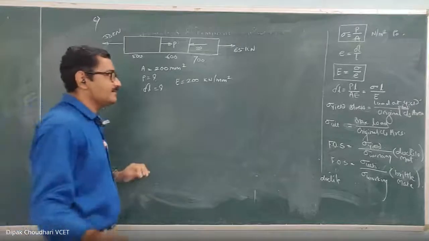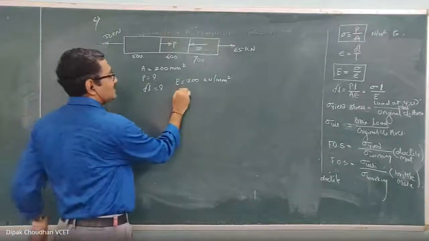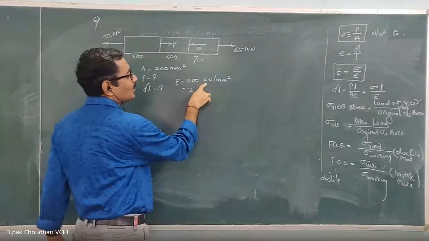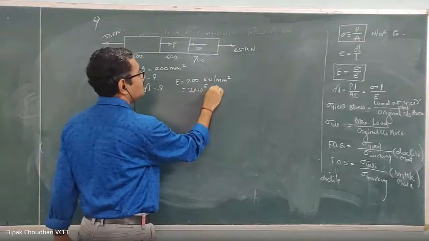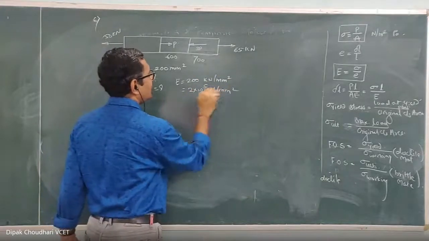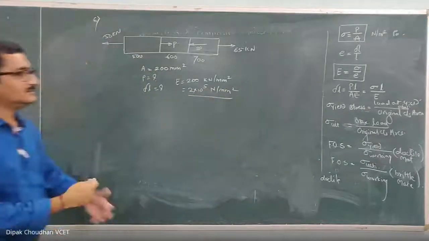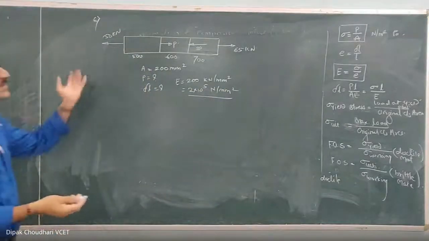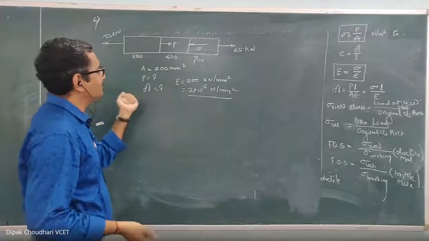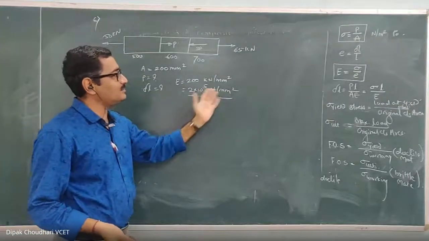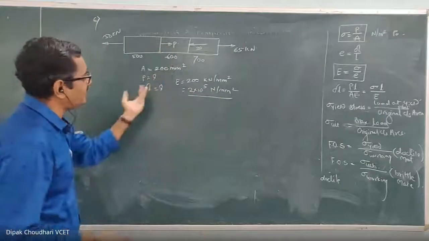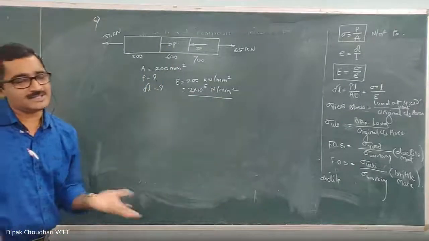That is, we can write it as 200 into kilo, means 10 raised to 3, that is 2 into 10 raised to 5 Newton per millimeter square. Am I right? Okay. Because all forces we are going to take in kilonewton, and this value of E we will take in Newton per millimeter square, and distances and area are in millimeter and millimeter square.